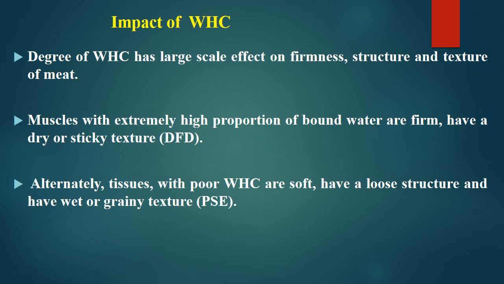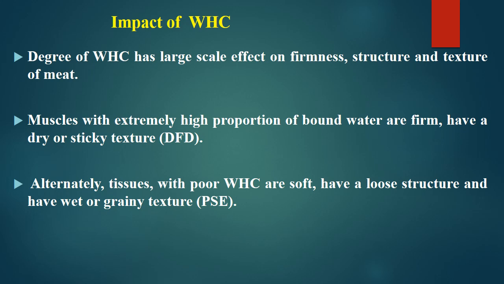Once again, in continuation about the impact of water holding capacity, the degree of water holding capacity has a large scale effect on the firmness, structure and texture of meat. Muscles with an extremely high proportion of bound water are firm and have a dry or sticky texture. This happens due to high water holding capacity, which we discussed in the case of DFD in the pH section when I was explaining.